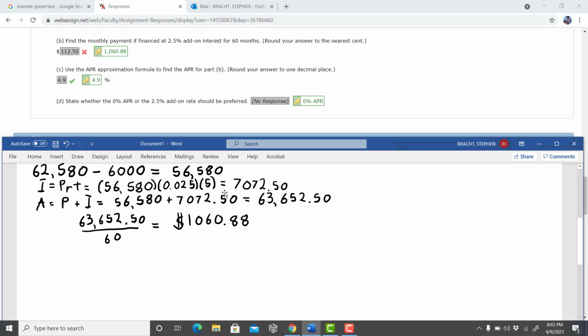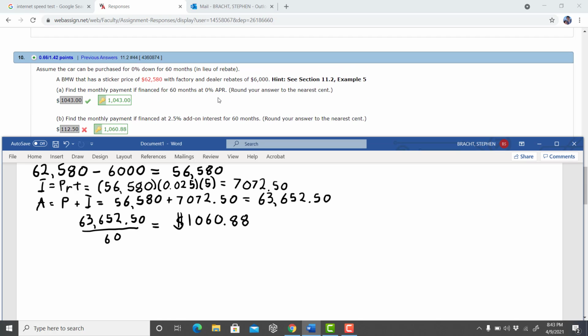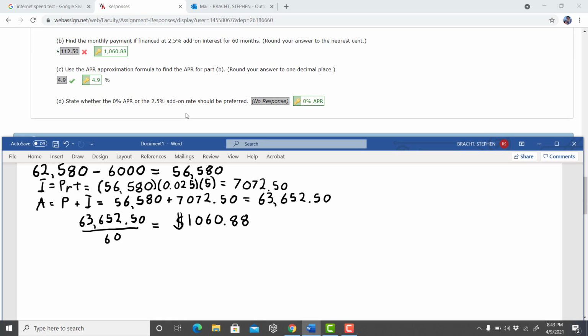So what we need to do is compare the total amount that you're paying. If you use the 0% APR, the total you're going to pay is the $62,580. If we use the 2.5% add-on rate, the total we'd pay is $63,652.50.